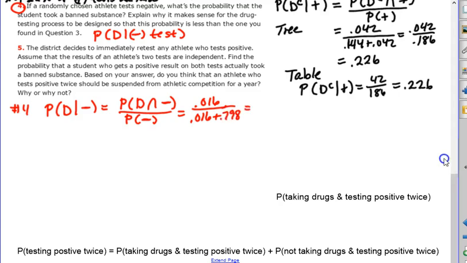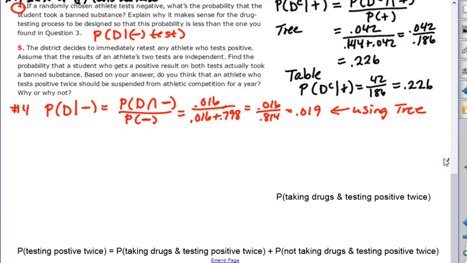So total, that would be 0.016 over 0.814, which is 0.019. This is using the tree.